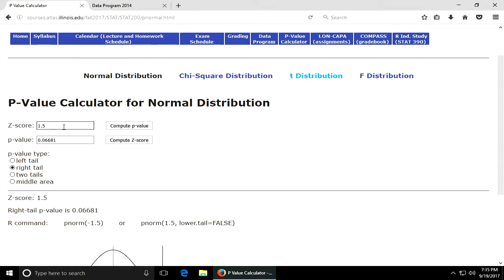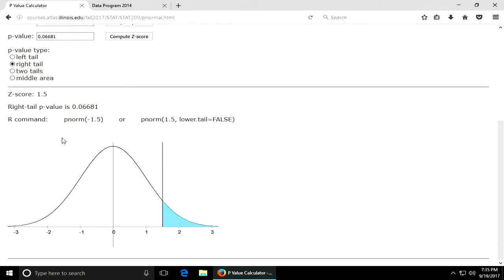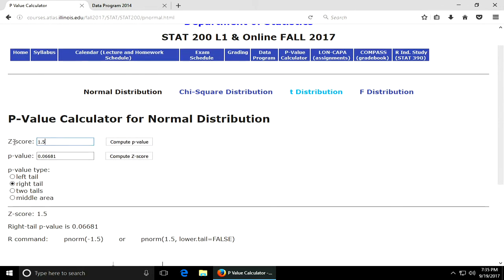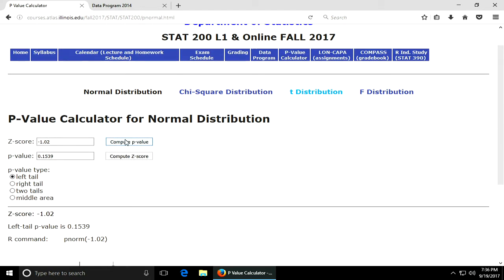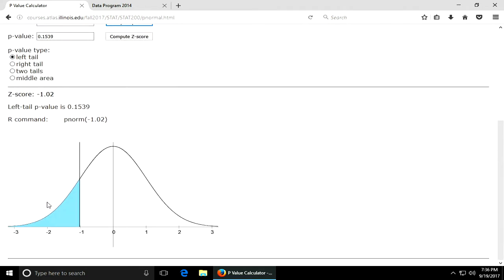The normal is just one normal curve for everything. So here we have negative 1.02, and we want the left-hand tail. Now we compute the p-value, and it's 15.39%, and that's what it looks like.